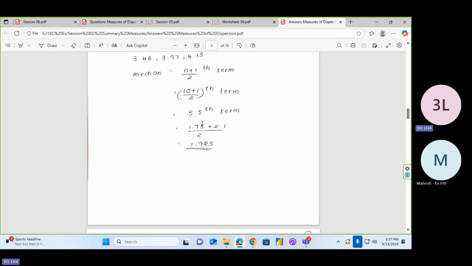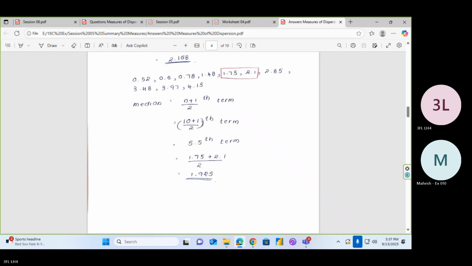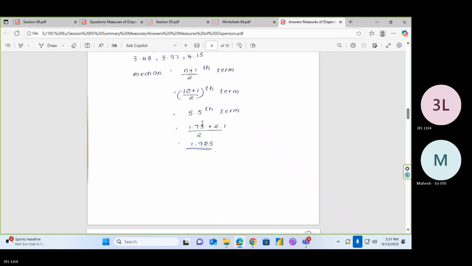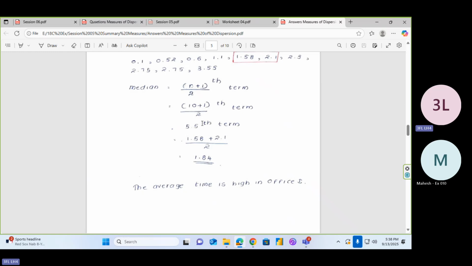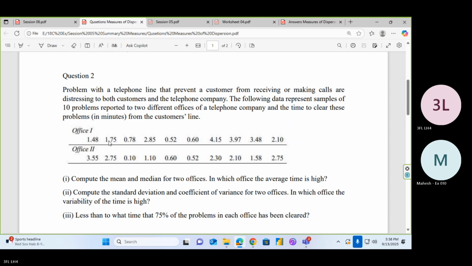Then you can add them together, then divide by 2. 1.925 is the answer. Okay. Office 2 median value 1.84. Okay. Then finish Roman number 2.